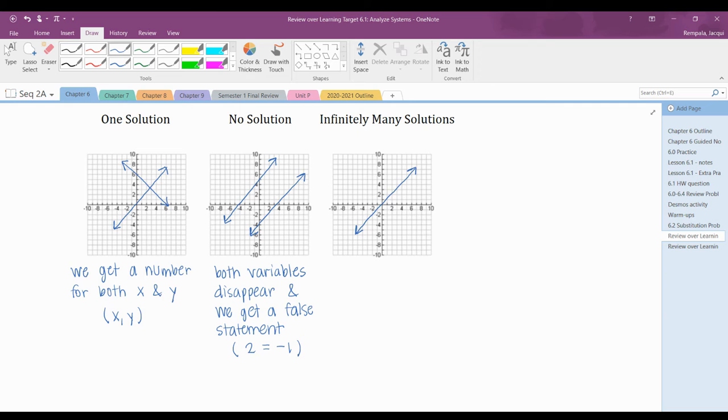If I was doing substitution or elimination and I have infinitely many solutions, that's because both variables disappear and we get a true statement. So something like 5 equals 5. That is a true statement, and so that would tell us we have infinitely many solutions if I solved using substitution or elimination.